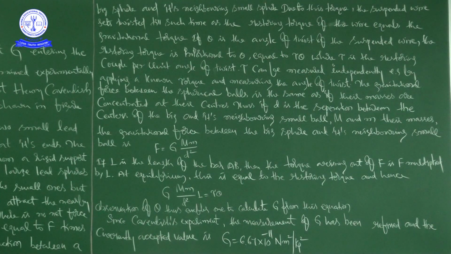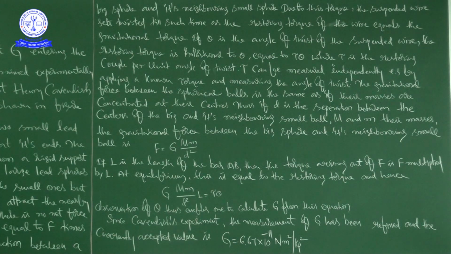He is saying there is no net force on the bar, but only a torque, which is clearly equal to F times the length of the bar, where F is the force of attraction between a big sphere and its neighboring small sphere.